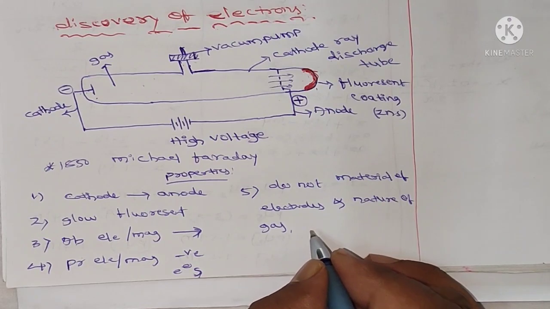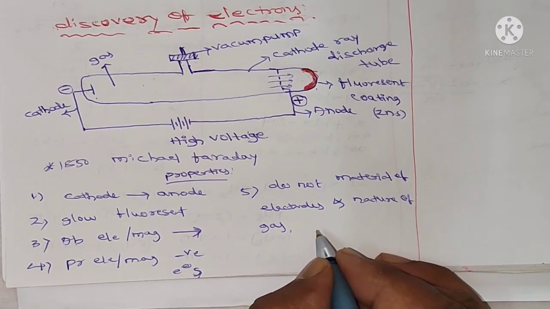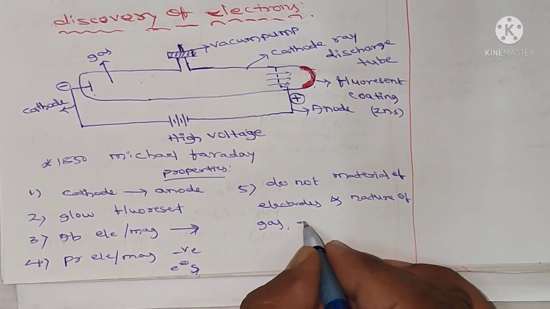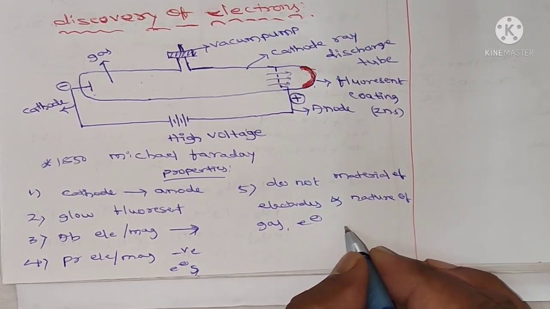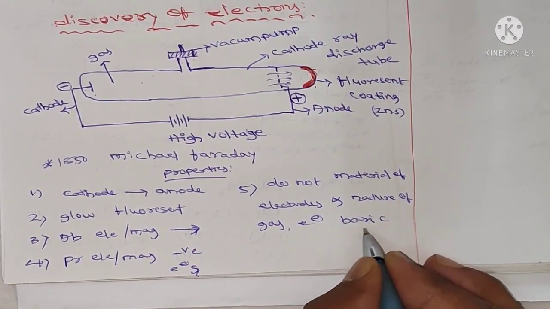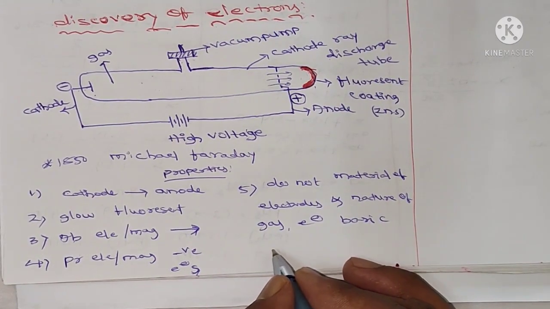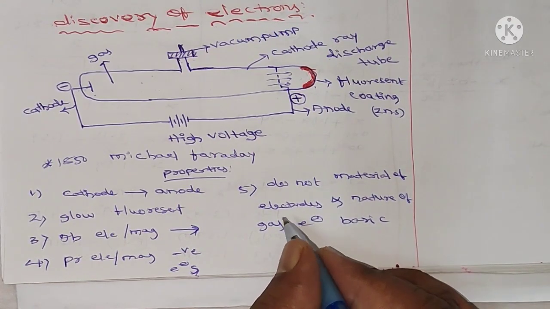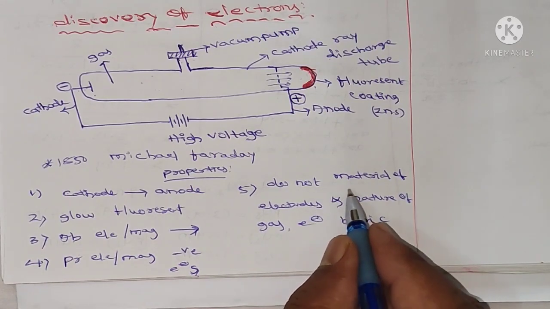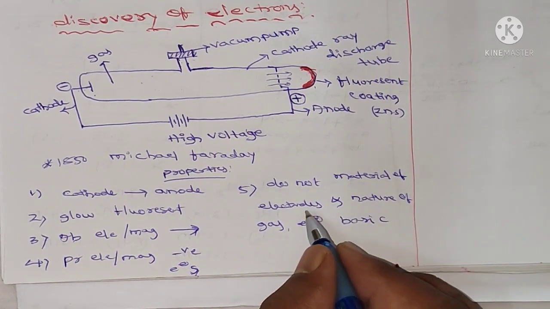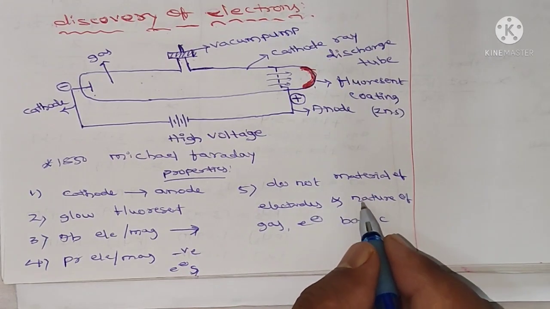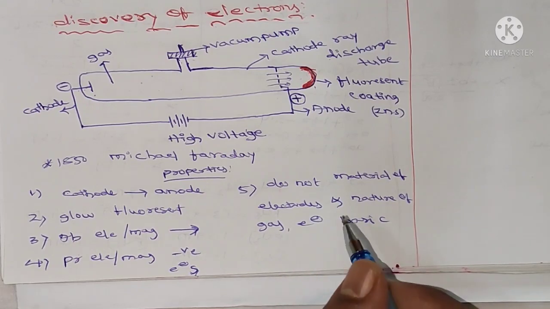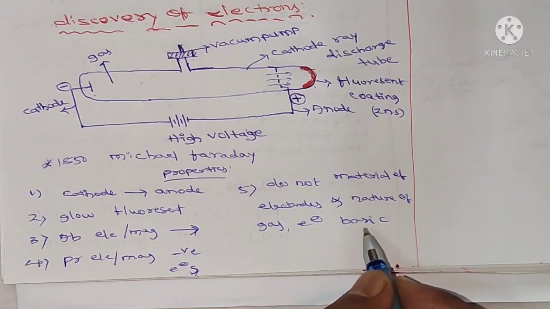Thus, we can conclude that electrons are basic constituents of all atoms.